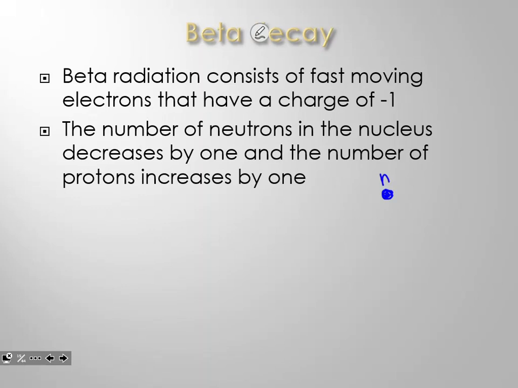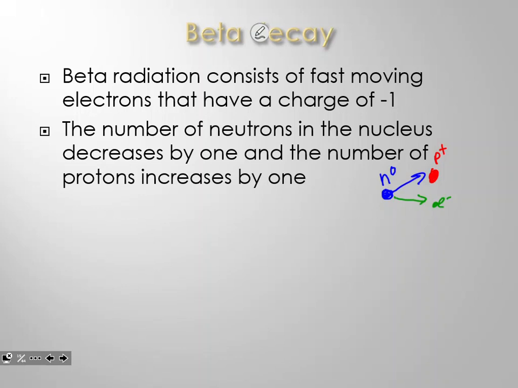That neutron actually changes physically into a proton and an electron. A little piece breaks off. The electron has barely any mass. The proton actually sticks around in the nucleus, doesn't leave. The only thing that shoots off or is emitted from the nucleus is the high-speed electron.